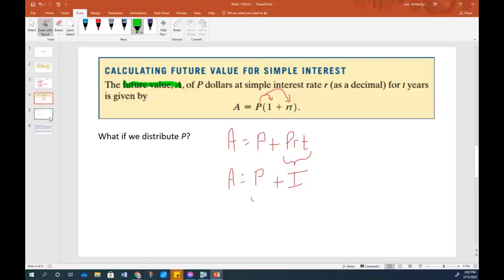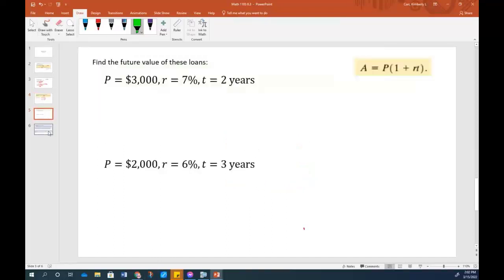I think that's part of it, just learning the language. What is it they want you to do when they ask a question? So here, find the future value of these loans. Now I've got a little snapshot up there for that same thing. We're going to fill in everything we can. So A, our future value, is equal to 3,000 parentheses 1 plus the rate.